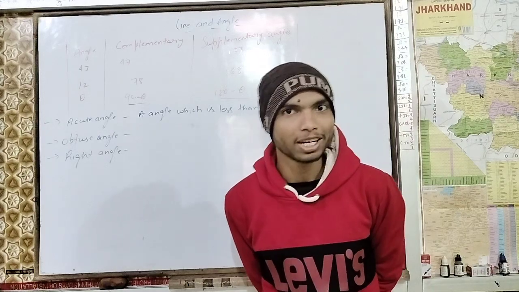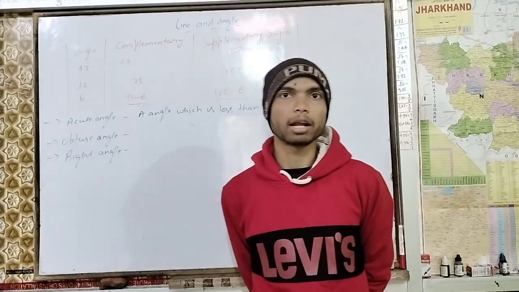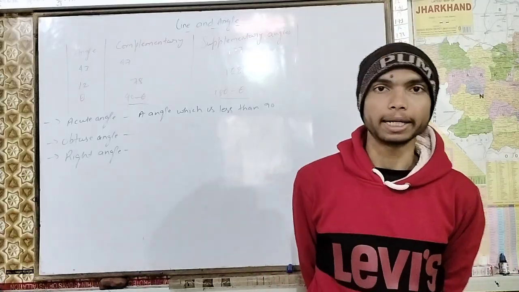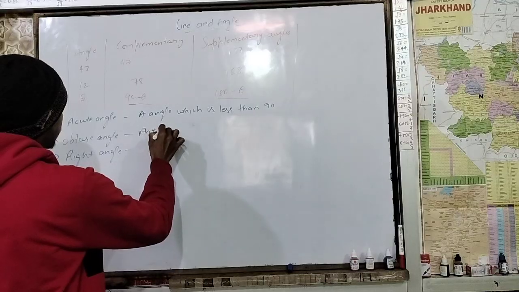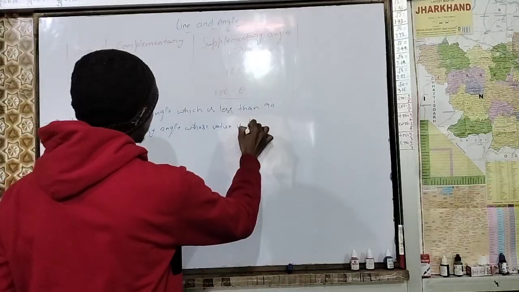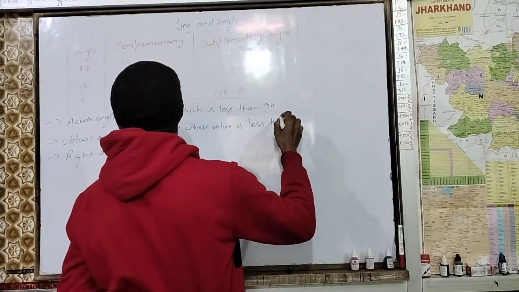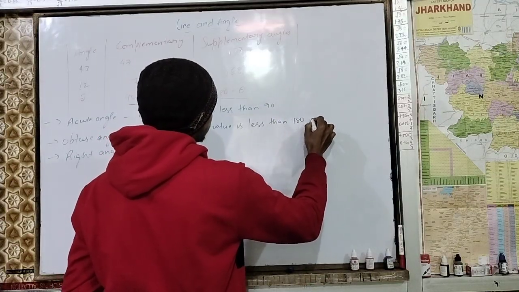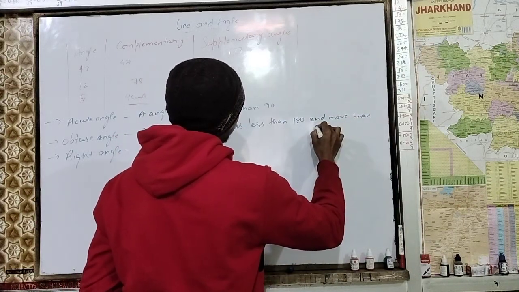Now we can call it an obtuse angle, because the definition of an obtuse angle is any angle whose value is less than 180 and more than 90.